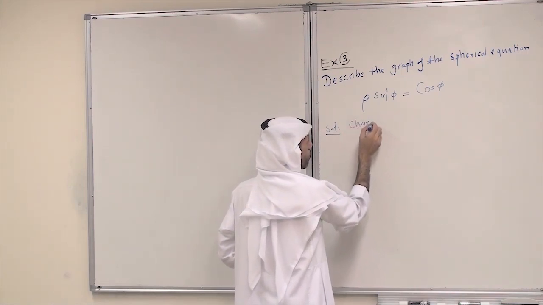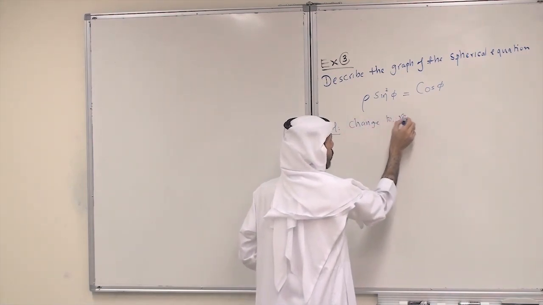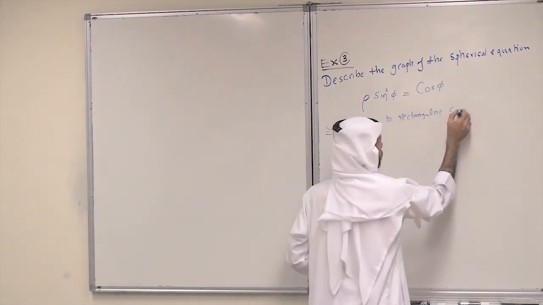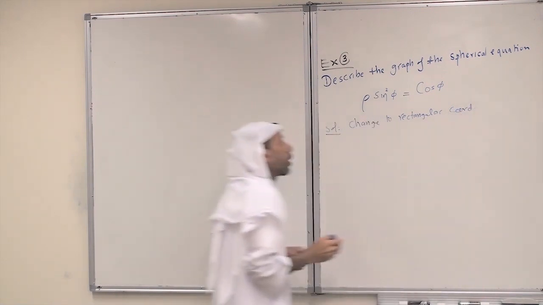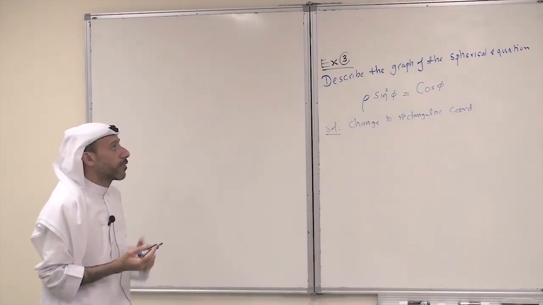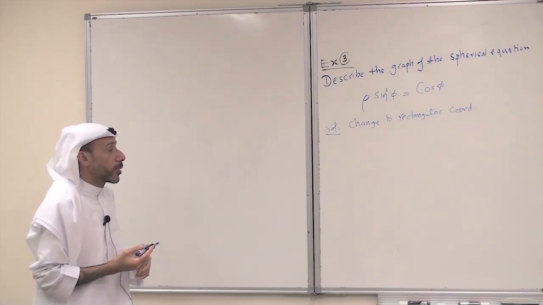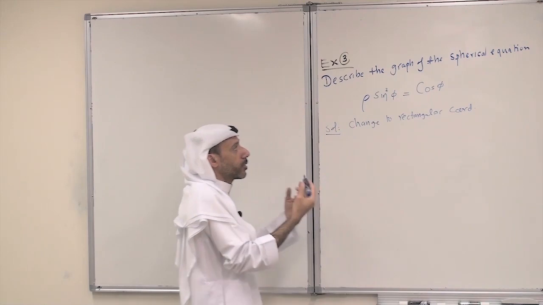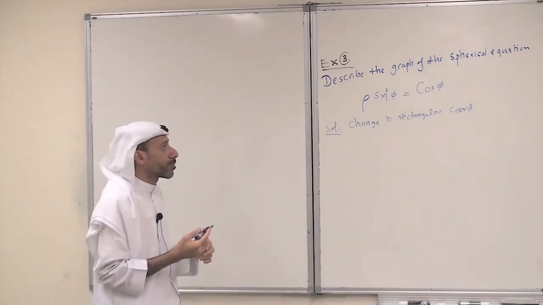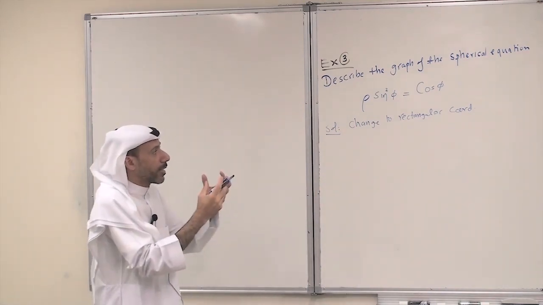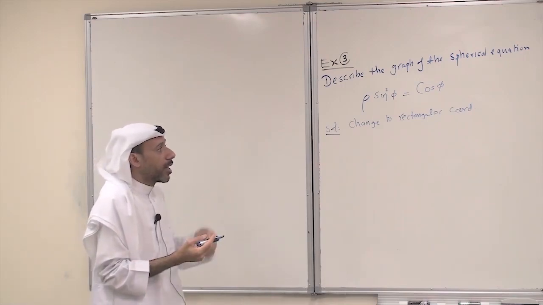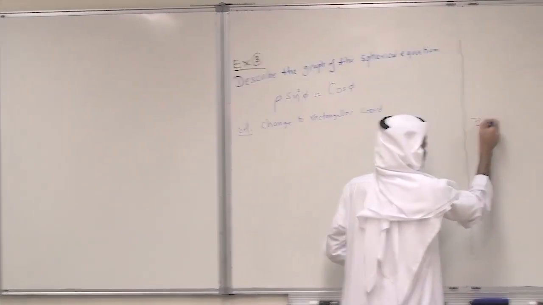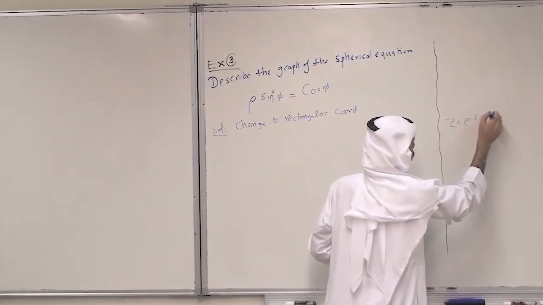So I have rho sine squared phi equals cosine phi. How to change it to rectangular coordinates? Here you have just to recall the connecting equations between rectangular and spherical coordinates. One of the equations is z equals rho cosine phi.